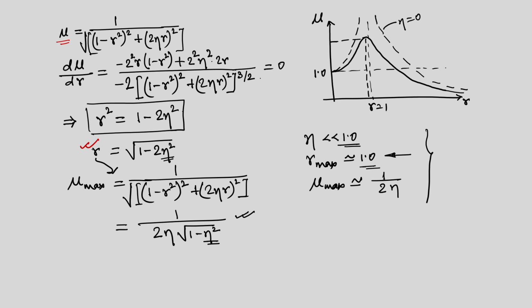So, damping actually helps us to reduce this dynamic amplification from infinite to a finite value. Still, this value, which is 1 by twice eta square root of 1 minus eta square, is very high, more than 1, and in that case we can conclude that the dynamic response will be more than the static response.